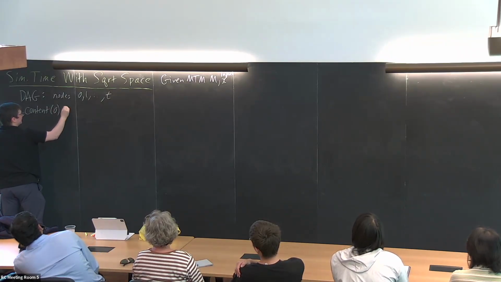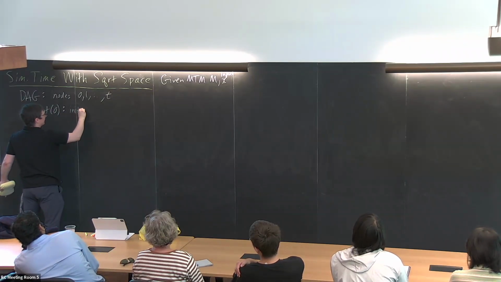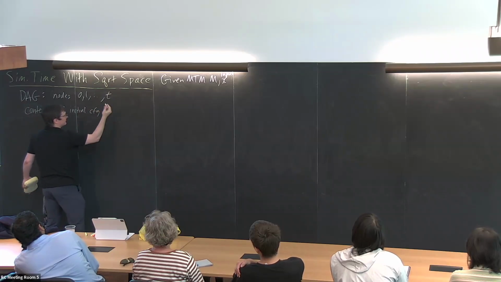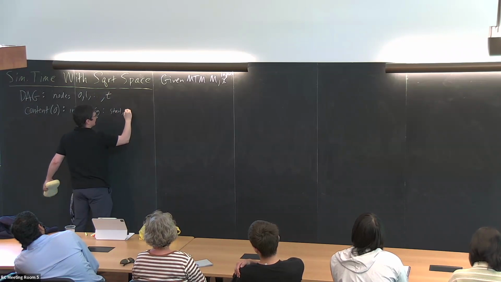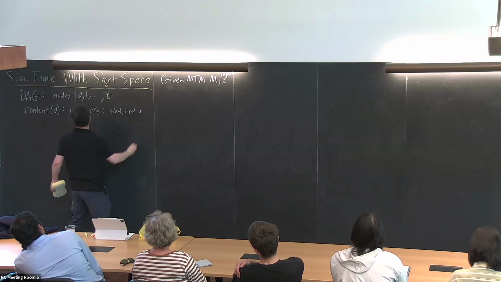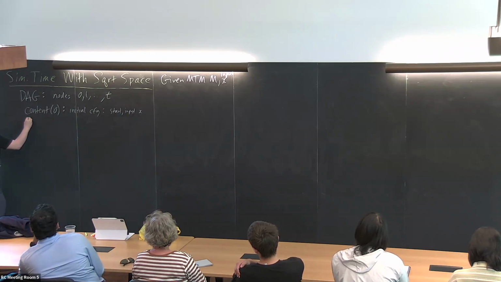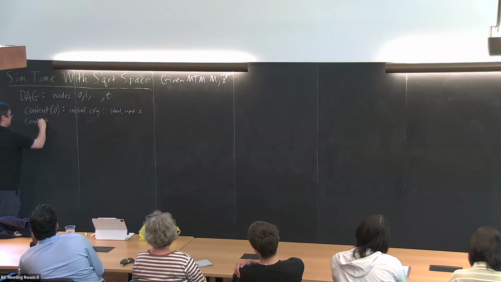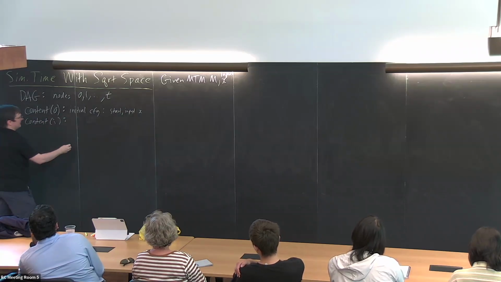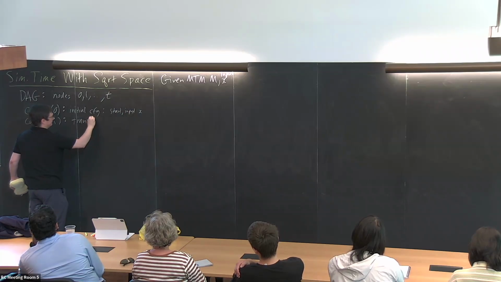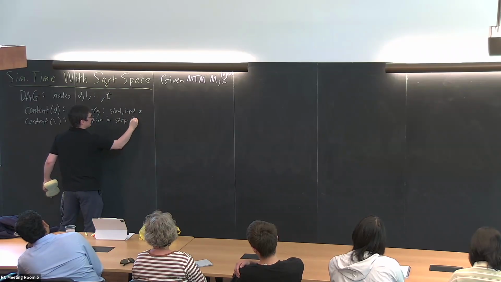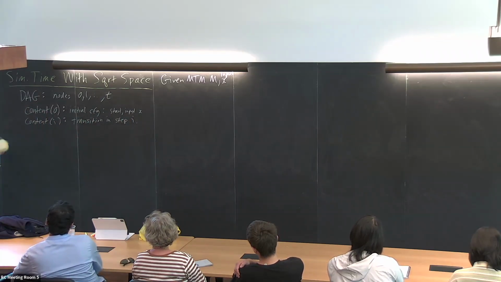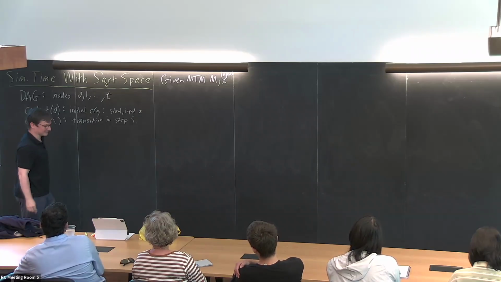Content 0 I'll think of as the initial configuration: the start state, the input X, all that stuff. And content of i is the transition taken in step i, because that will tell us the state we're in, what we're reading, what we're writing, what we're changing to in terms of state, and where we're moving.